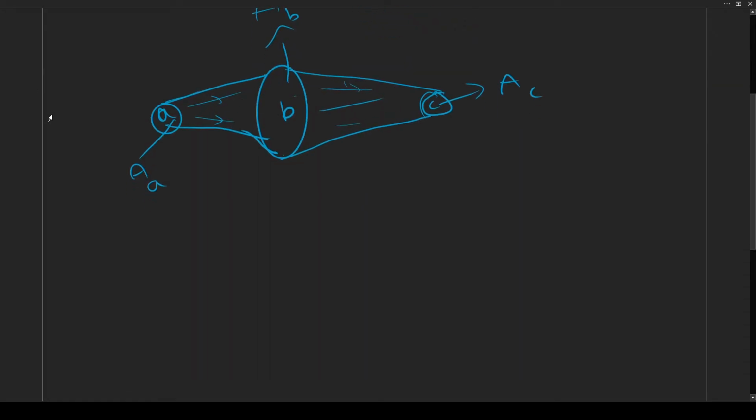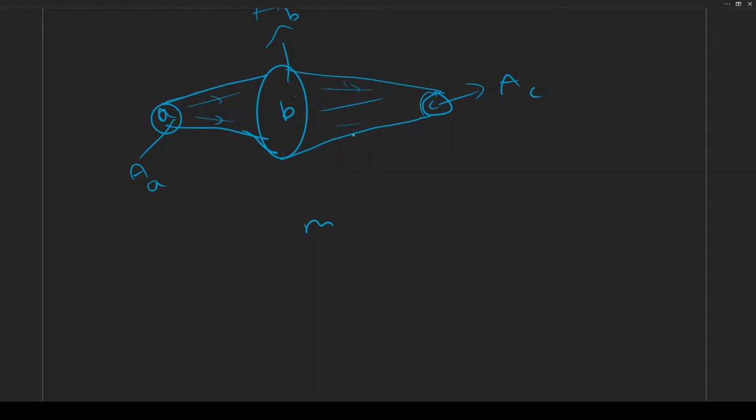For a steady flow, where there is no crossing between the streamlines, if we take for example the surface B, how much is the mass of the fluid passing through this area? We need to find that out.